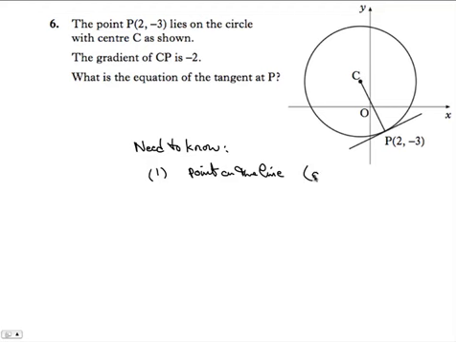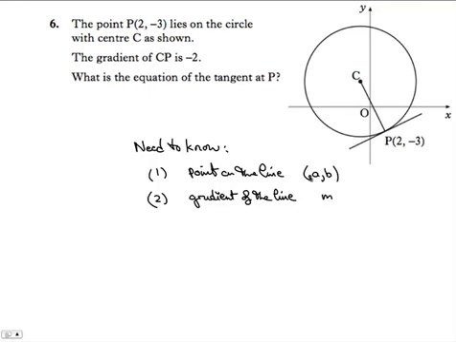We'll call that (a, b). And the second thing we need to know is the gradient of the line. And we'll call that m.